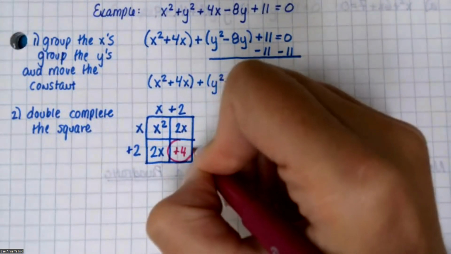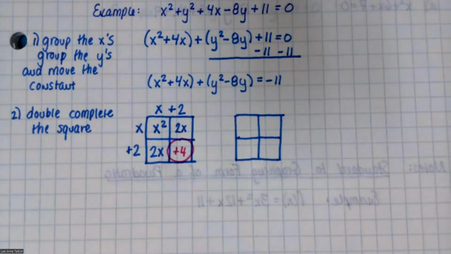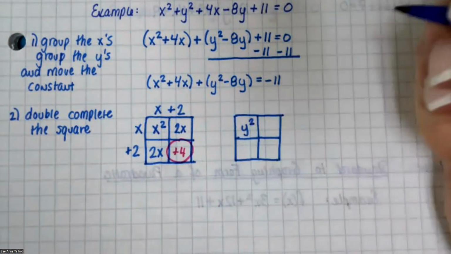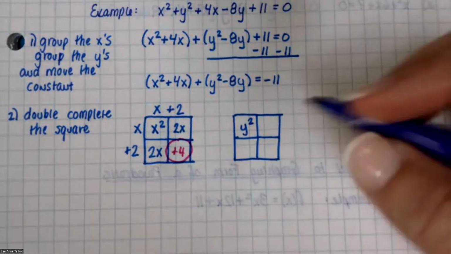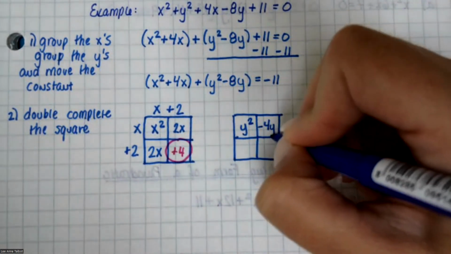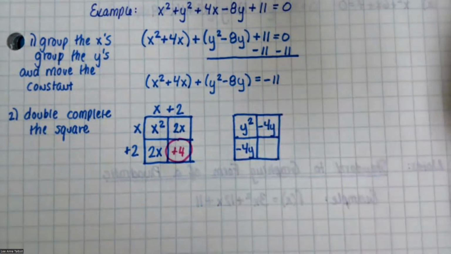And my constant for the x's is going to be 4. In this box, I have y squared, and I'm going to split my -8y tiles into -4y and -4y.